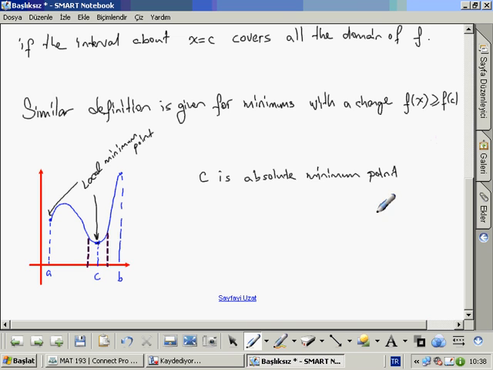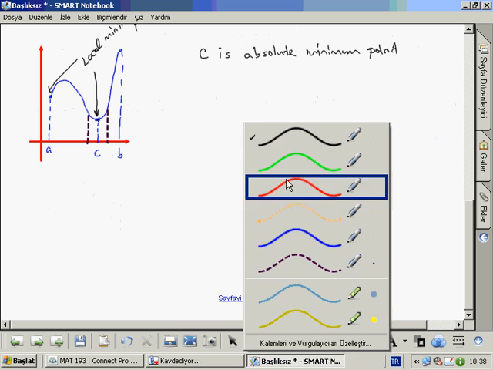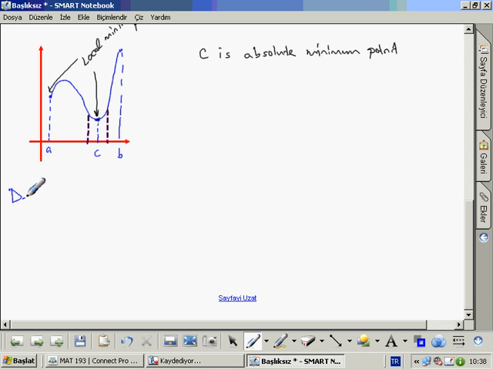And let me give you another definition about the critical point.